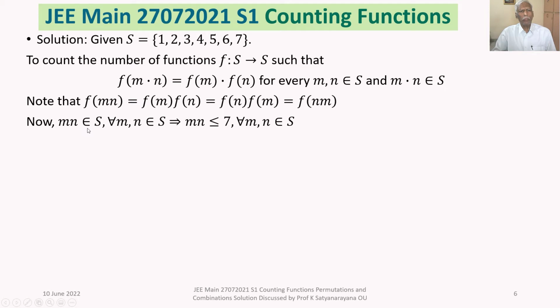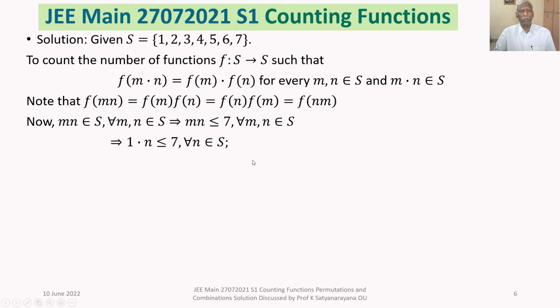Now, the product mn belonging to S for all m, n belonging to S means the product mn is less than or equal to 7. This means 1 into n is less than or equal to 7, and this happens for every n belonging to S.